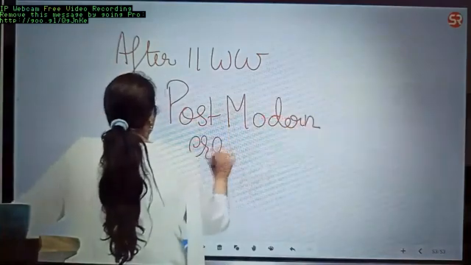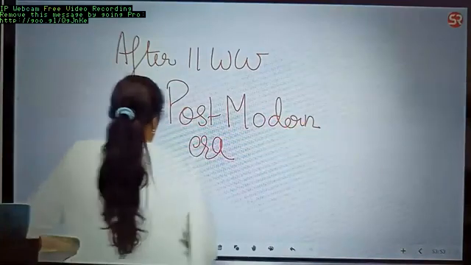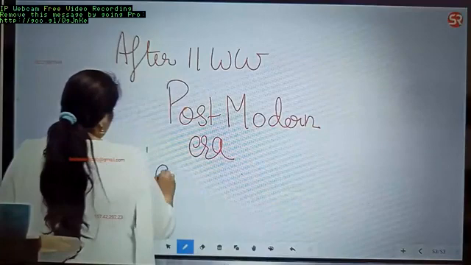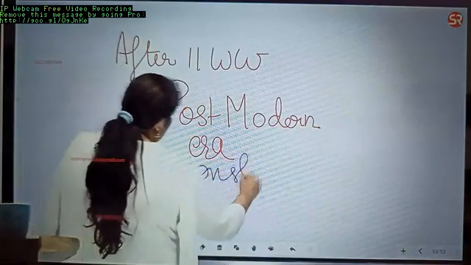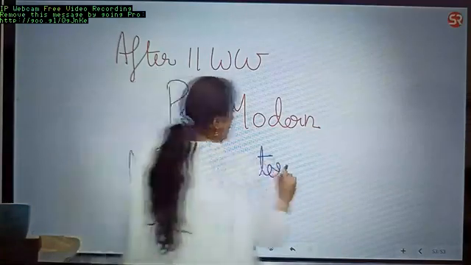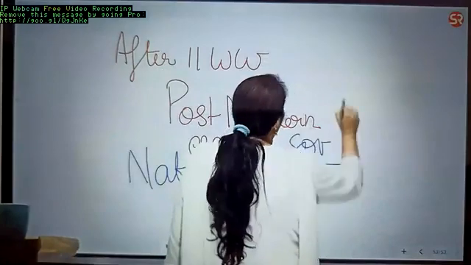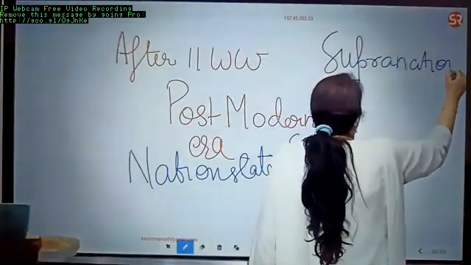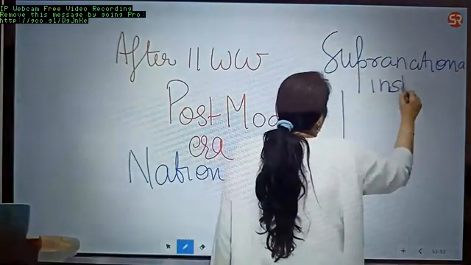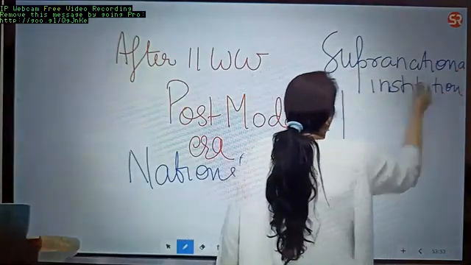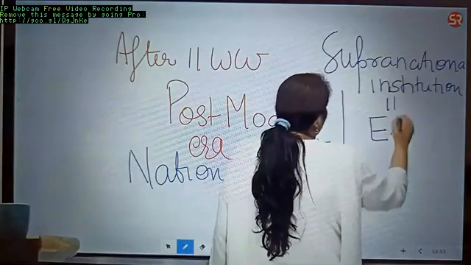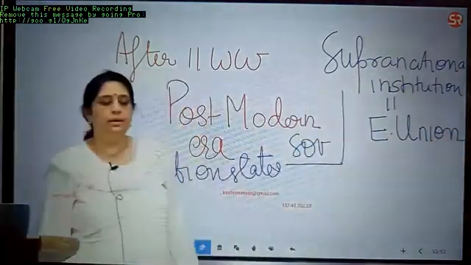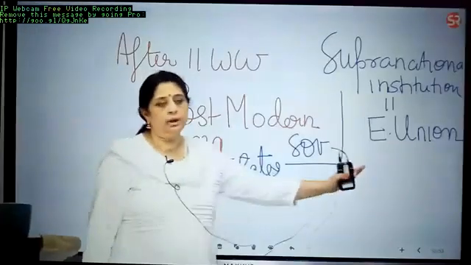And here we see a transformation that nation states started shifting their sovereignty to a supranational institution known as European Union. A different type of a state, fine, and shifting of the sovereignty.